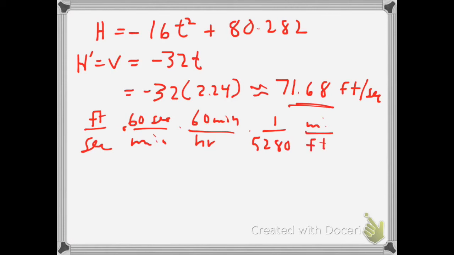And if I multiply all this together and cancel, the feet will cancel, the seconds will cancel, the minutes will cancel, and I'm going to end with miles per hour, and that comes out to approximately 48.9 miles per hour when the object hits the ground.